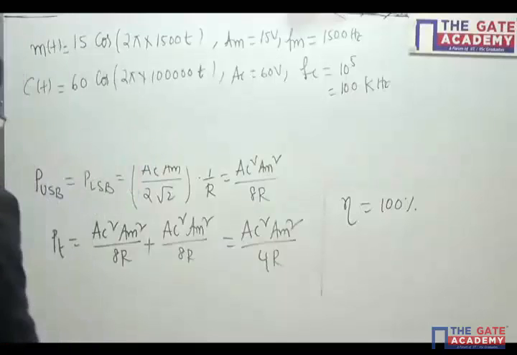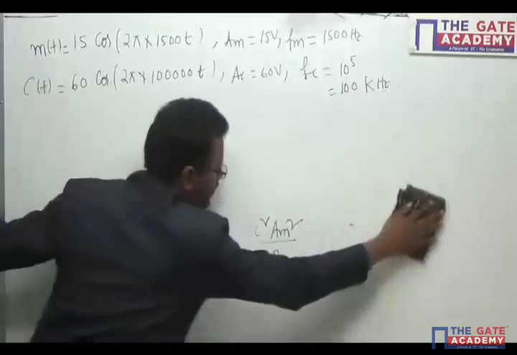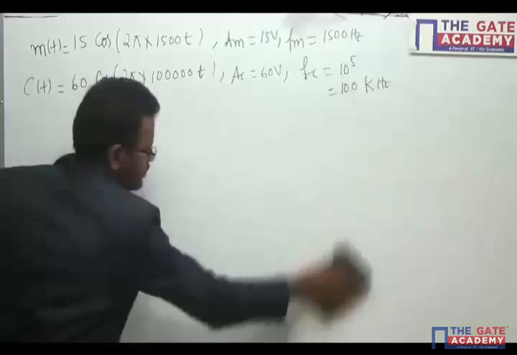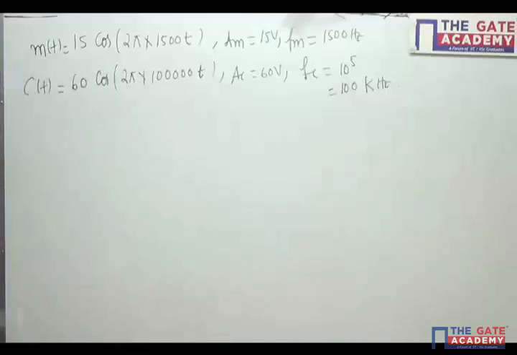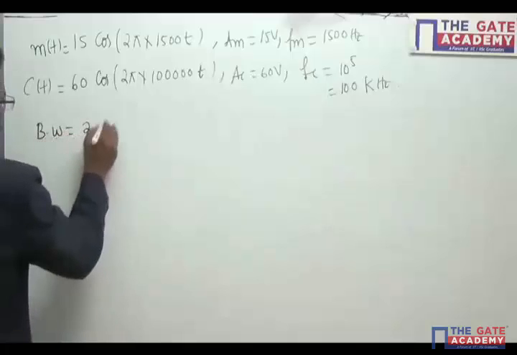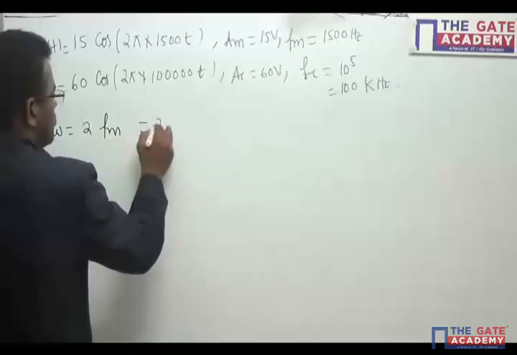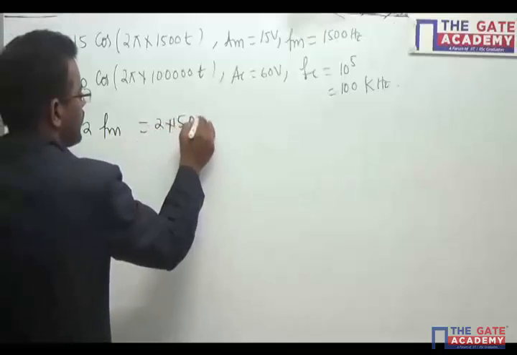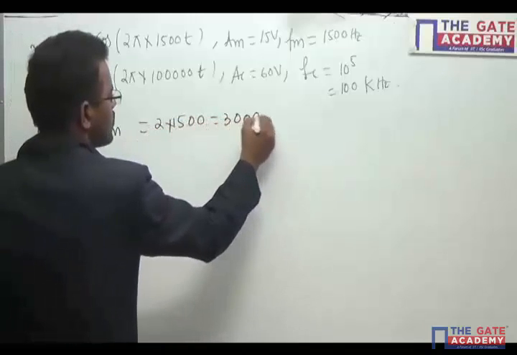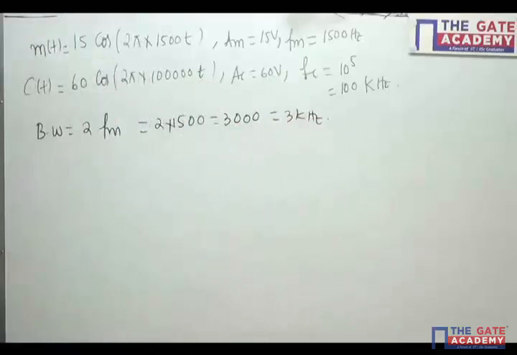Find all parameters means start with the bandwidth requirement. Bandwidth is 2 times the message signal frequency. That is 2 into 1500, that is 3000, or 3 kilohertz is the bandwidth needed.